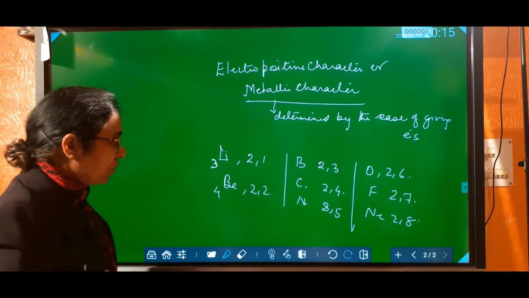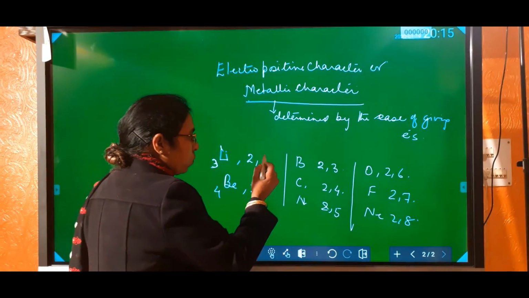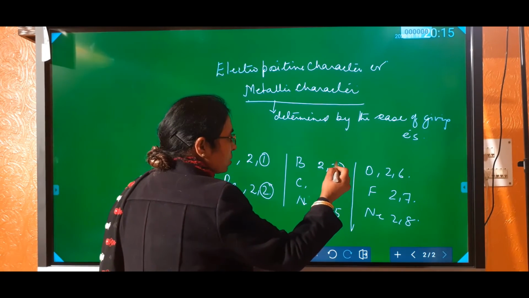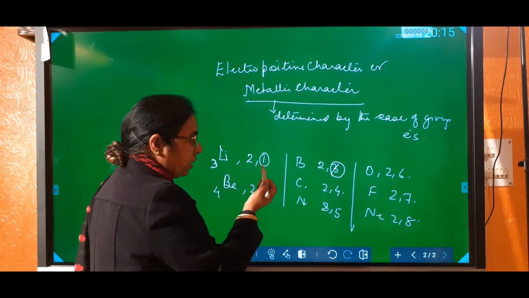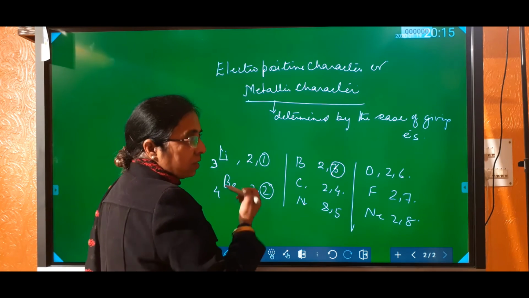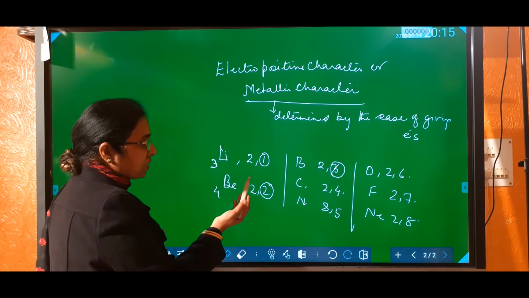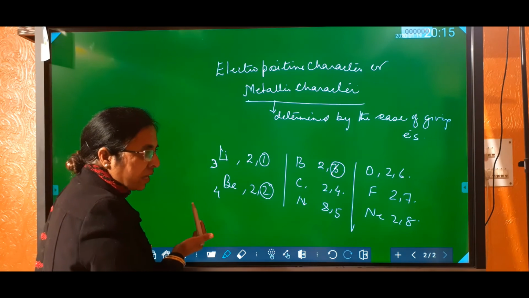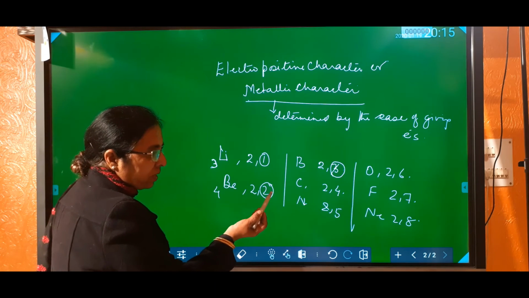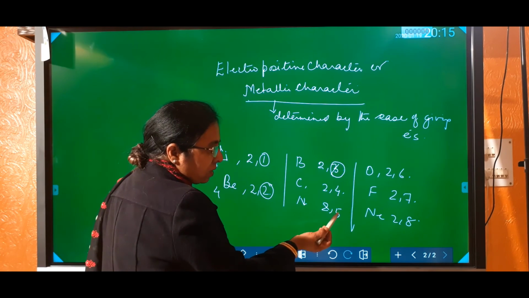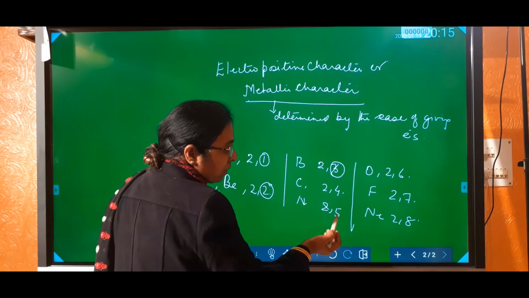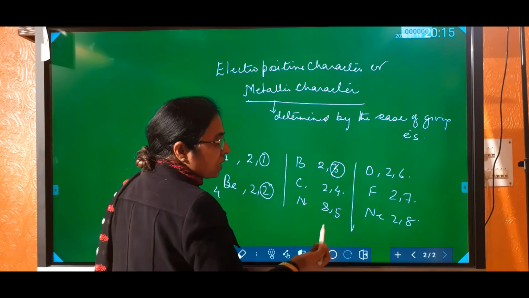See over here, when 1, 2 or 3 electrons are present, it is easy to remove them. So we can say that on the left side of the period there is electropositive character. When the number of electrons becomes large, it becomes difficult to pull these electrons.